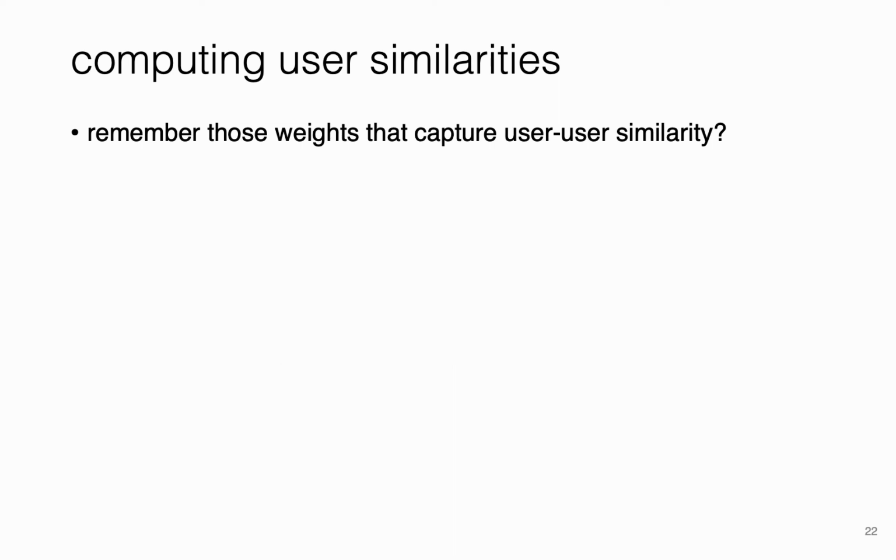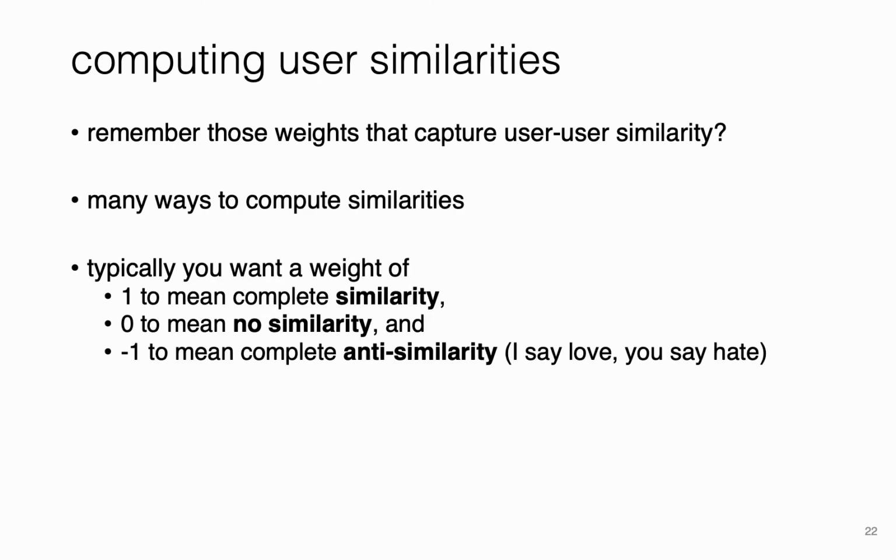Now it's time to talk about those magical weights measuring user-to-user similarity. Let's see how we can compute them. Again, there are different ways to do that. Here we describe one that works well in practice.